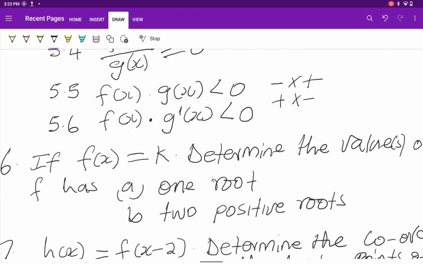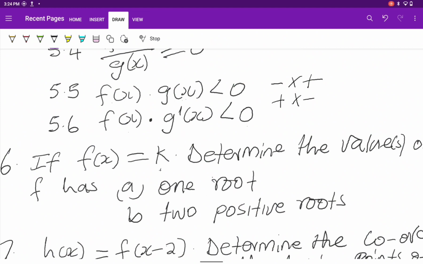So now we need to understand that the roots are the x values. In other words, we want the k value that will make the graph have only one x-intercept.